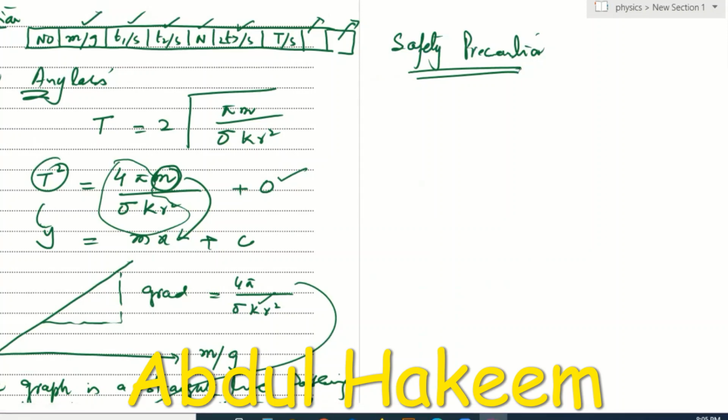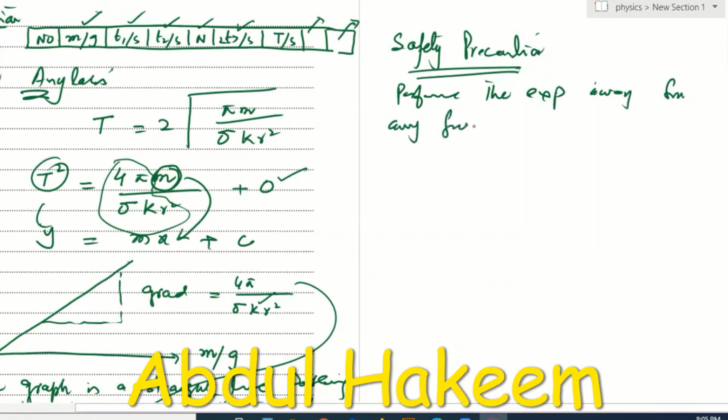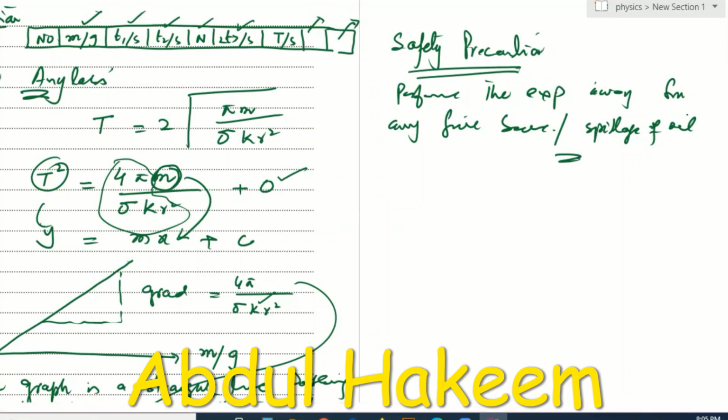So we will write, perform the experiment away from any fire source and avoid the spillage of oil. This is just a safety because the oil near the fire source may catch fire, which will be dangerous. So this is the safety.